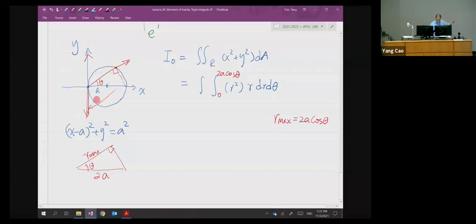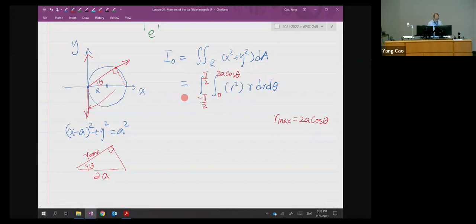For this angle here, you can use negative pi over 2 because it's on the negative side. And then the top there should be pi over 2. Good?